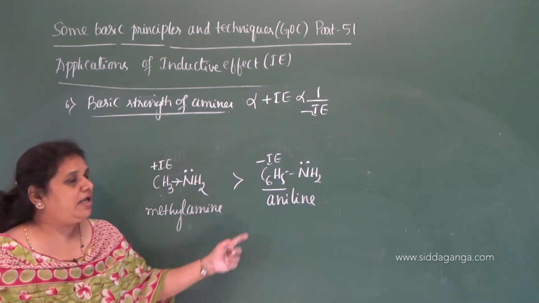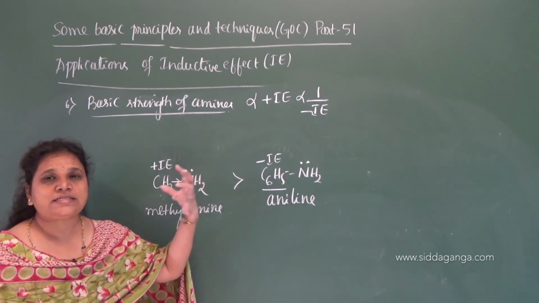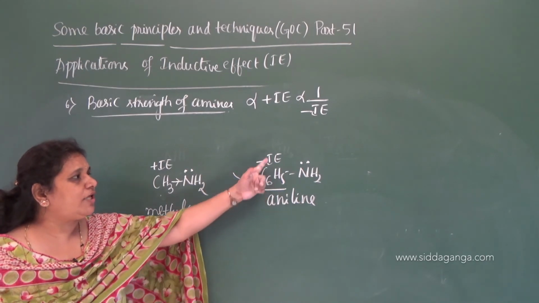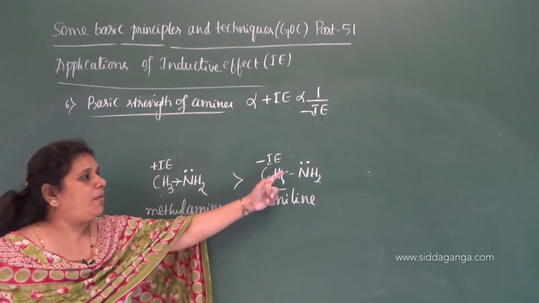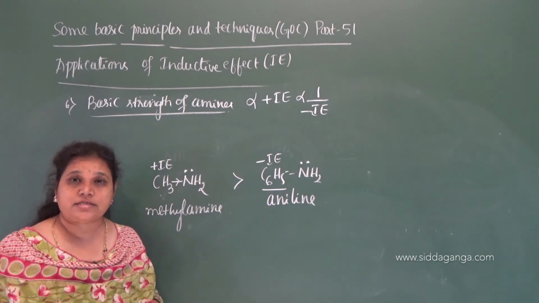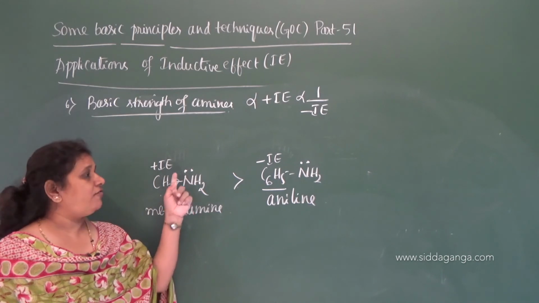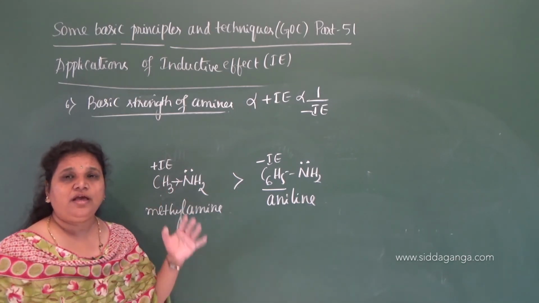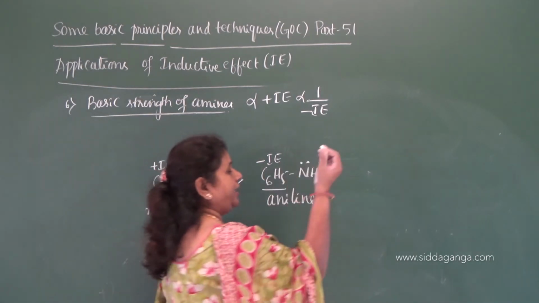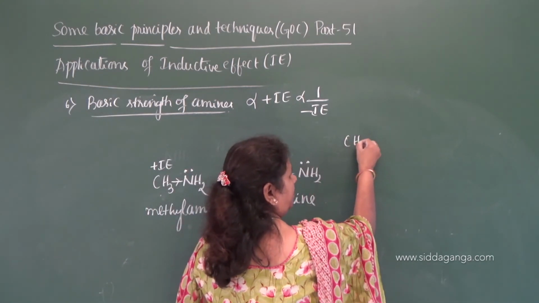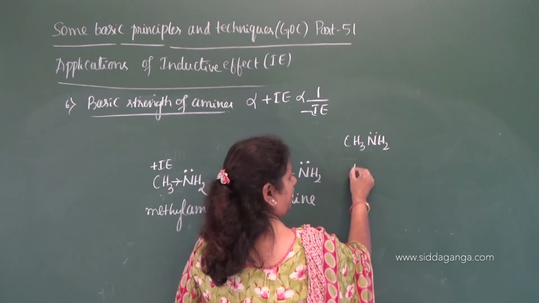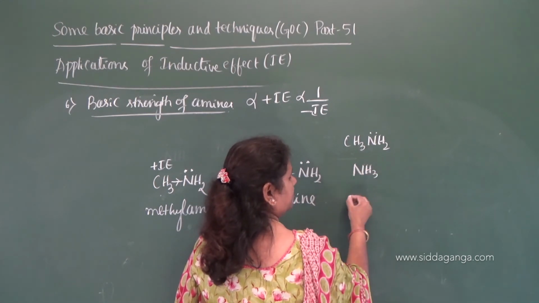The reason is that in aniline the proton accepting tendency decreases. Why does it decrease? Due to the negative inductive effect, the availability of these electrons for protonation decreases. But here the availability of electrons for protonation increases. Now what is the order of basic strength? In decreasing order, methylamine is more basic, then comes ammonia, then comes aniline.